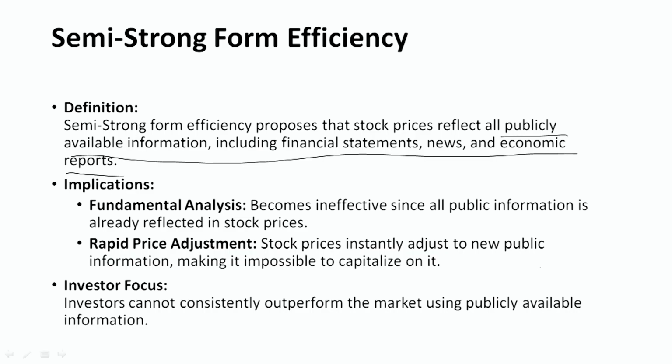All this information is available and is reflected in the prices of stock. This is going to have an impact on fundamental analysis, because in fundamental analysis you study the financial statements and other things. Based on this information, it is reflected in the price but not predictable to the extent you believe it to be.